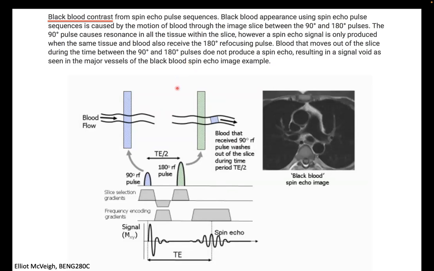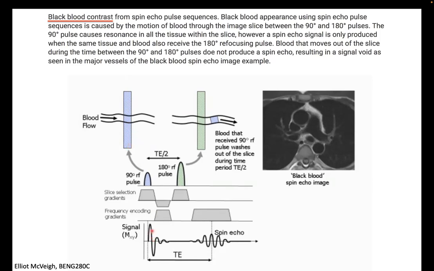There's another source of contrast, which is quite interesting in cardiovascular imaging, and that is the fact that some of the magnetization vectors get affected by your first 90-degree pulse, remember we have this slice gradient. So we do a 90-degree pulse and it excites signal from a slice through the patient, right?